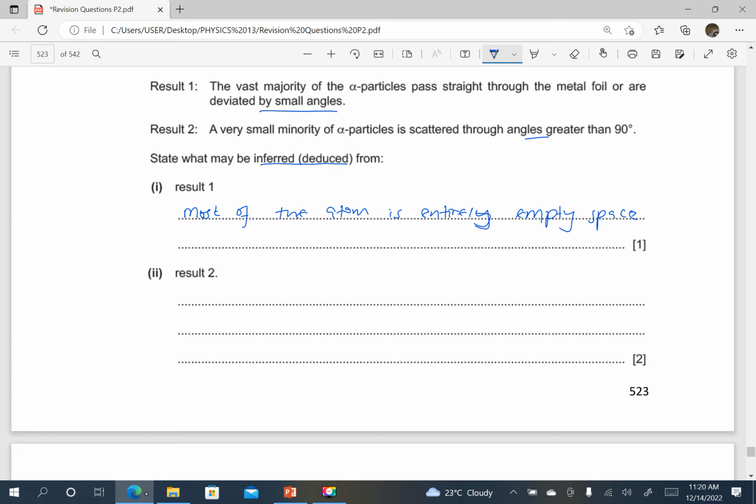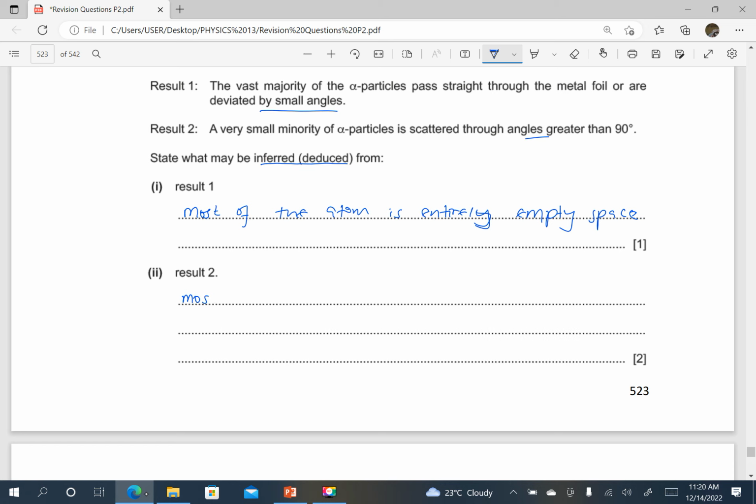Number 2, result number 2, a very small minority of alpha particles is scattered through angles greater than 90 degrees. Of course, here we conclude that most of the mass of an atom is concentrated in a small, positively charged nucleus.